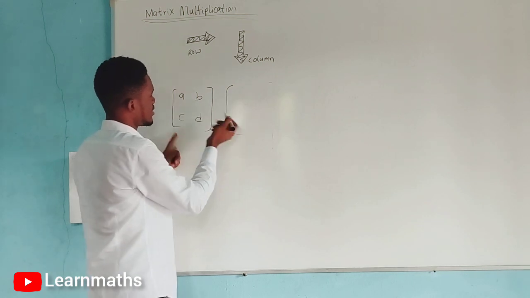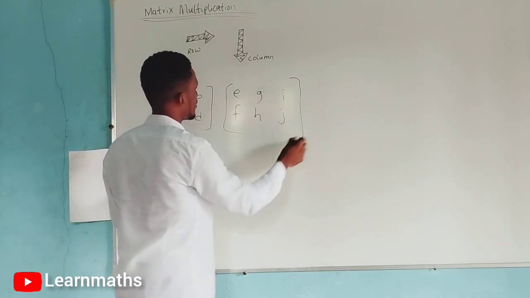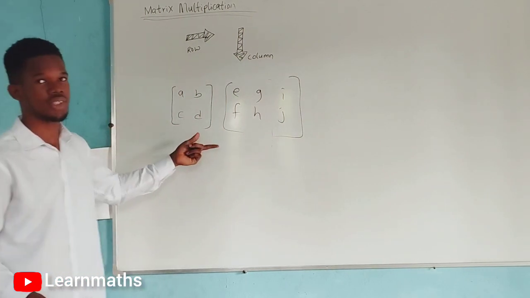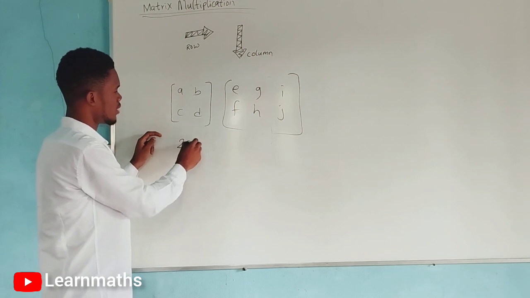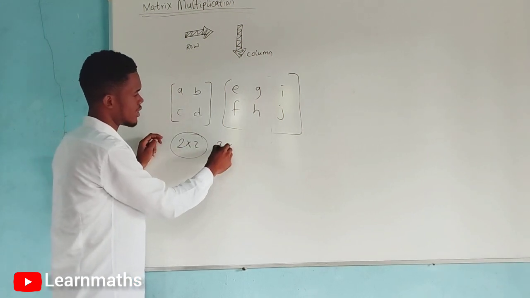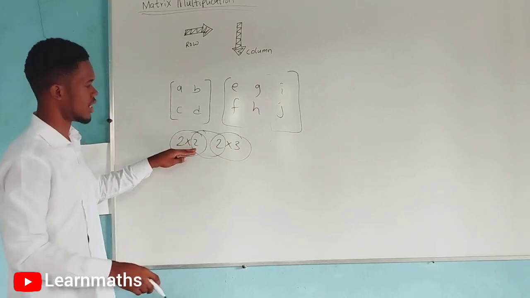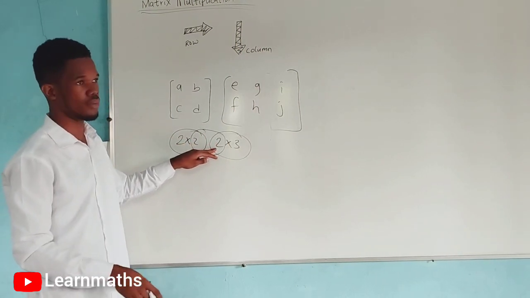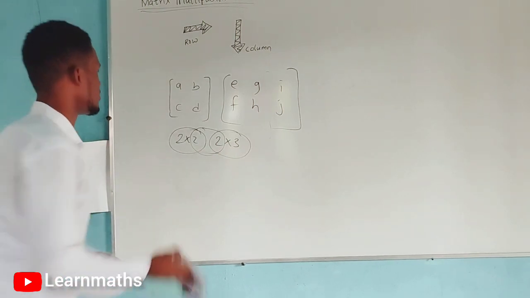Now they are not the same matrix, but I think we can carry out multiplication here. This is a 2 by 2 matrix, then this is a 2 by 3 matrix. But since the number of columns here is the same as the number of rows here, we can still carry out the multiplication. Okay, so let's see if it's going to be possible.